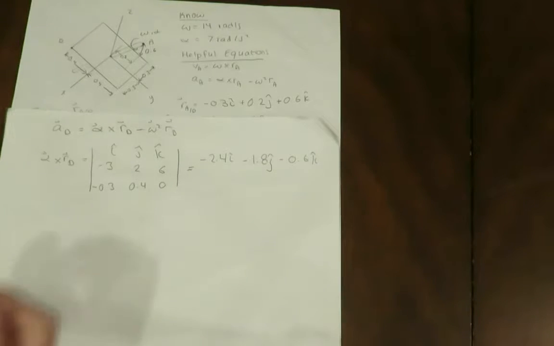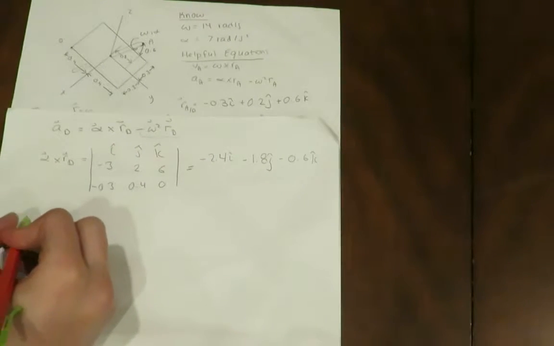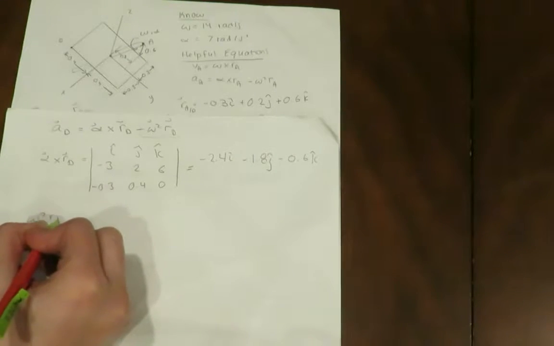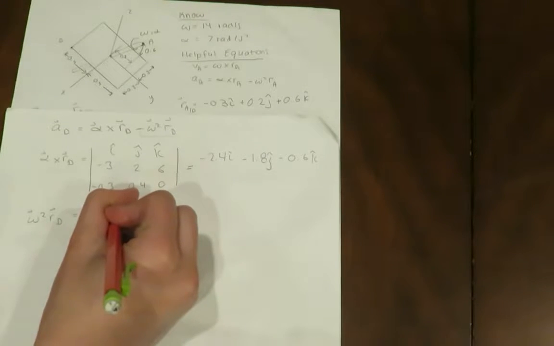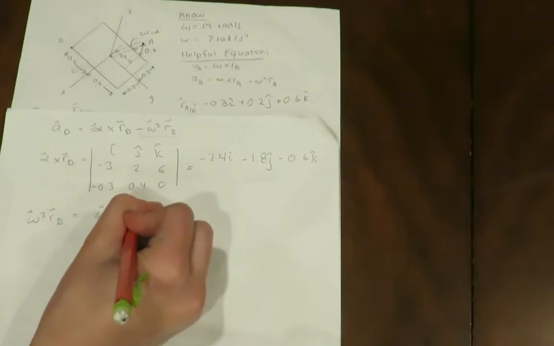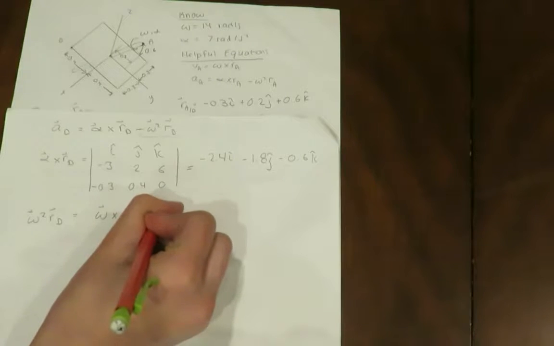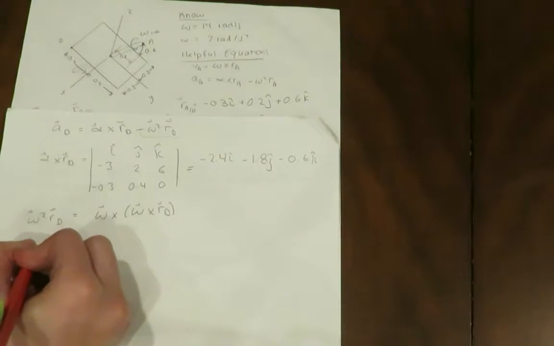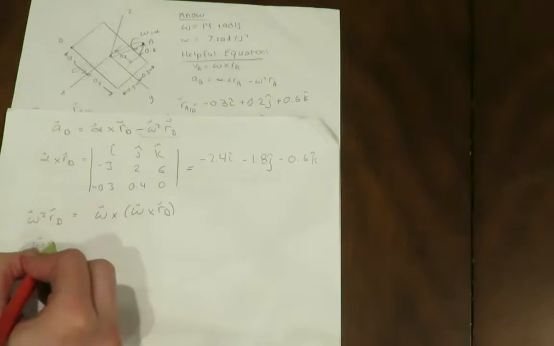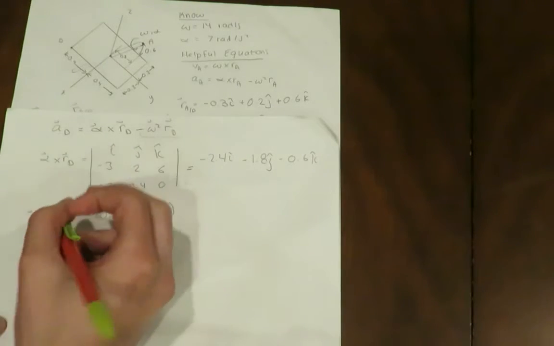So now we have the gross term here, and we want to find out what omega squared RD is. Omega squared RD can be written as omega cross omega cross RD. Let's do omega cross RD first, because that's order of operations, and it's also easier.